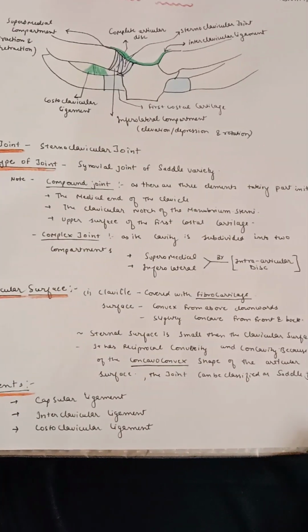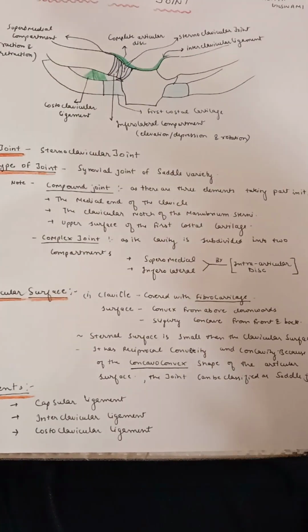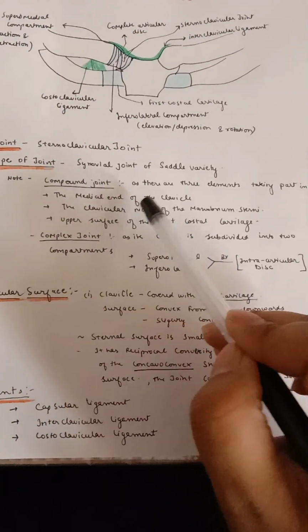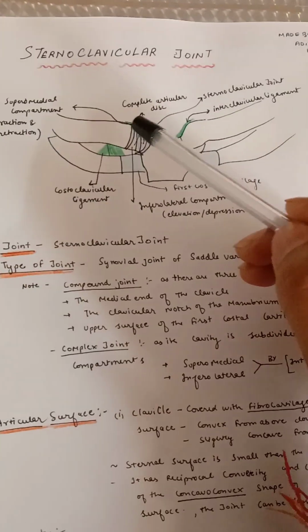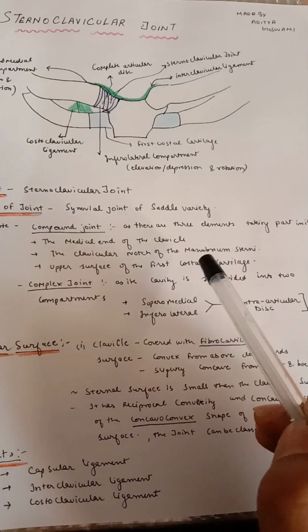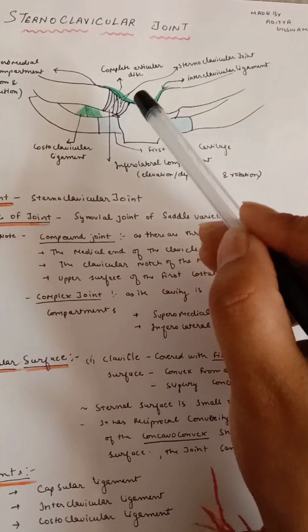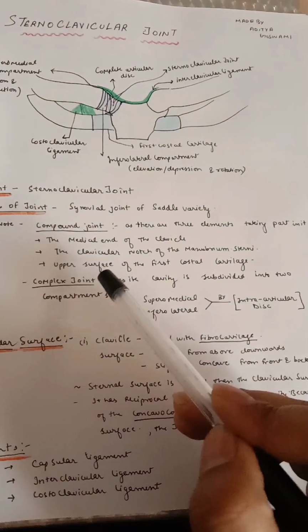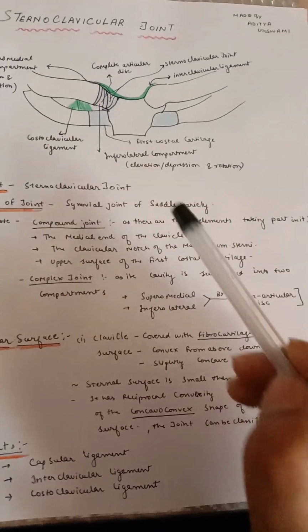So why is this joint called a compound and complex joint? Because it has the medial end of the clavicle, and the clavicular notch of the manubrium sterni, which is the manubrium part of the sternum, and the upper surface of the first costal cartilage.